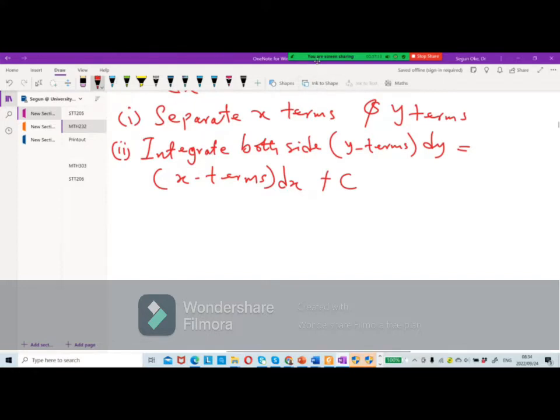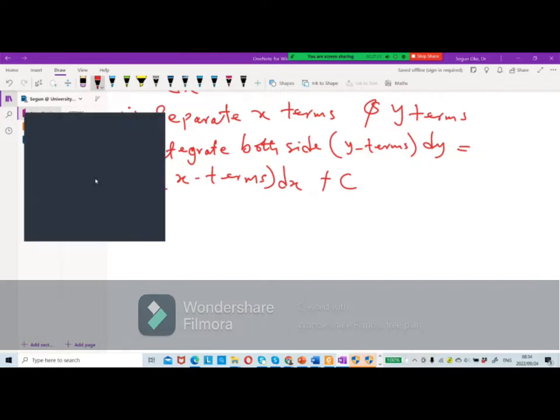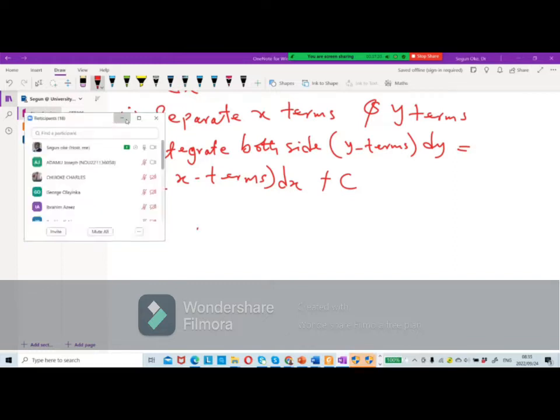So once you can get that, you finish separation of variables. So we can go ahead and look at an example.